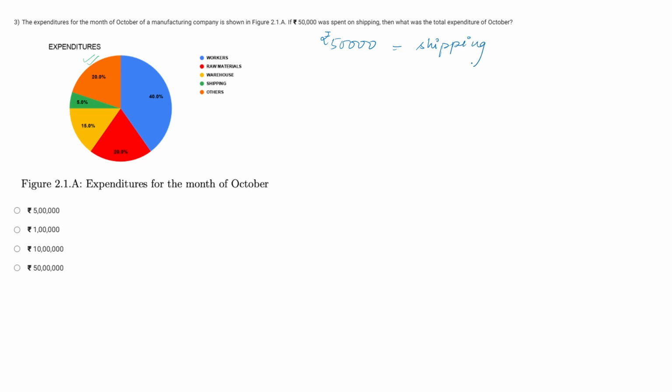That is the green zone. Here we can see that this is shipping, and it takes 5% of the total expenditure. So that means 5% of the expenditure is equal to shipping.